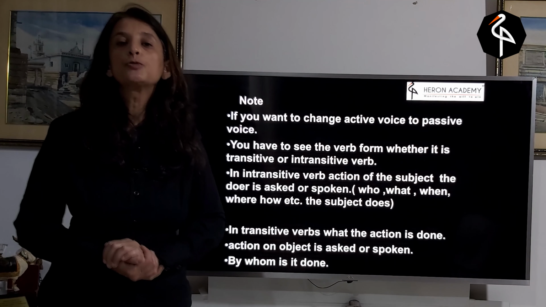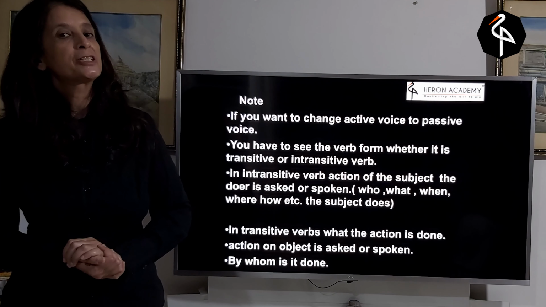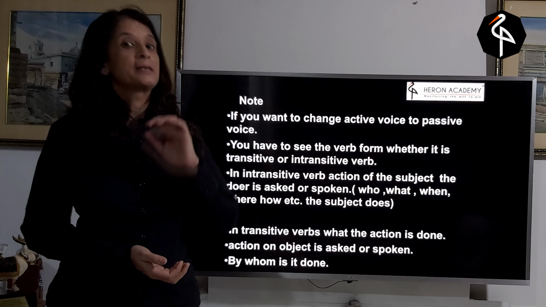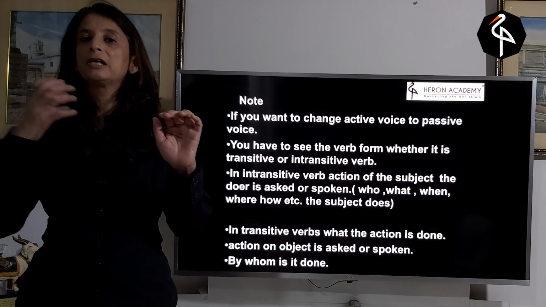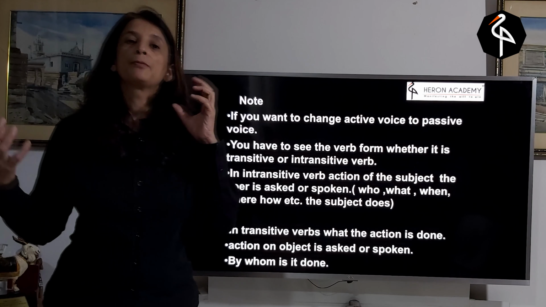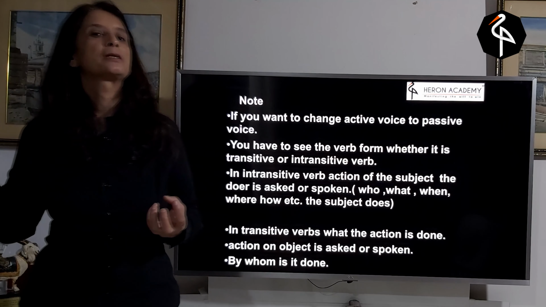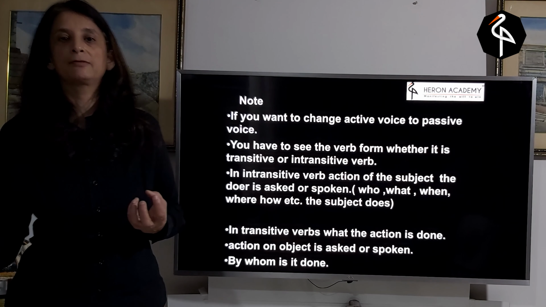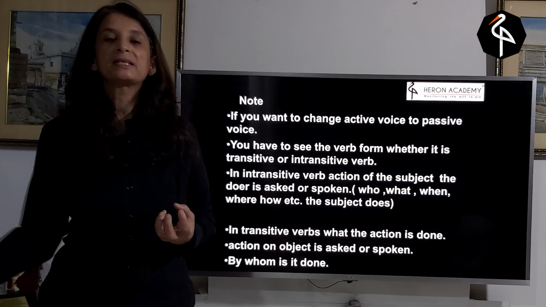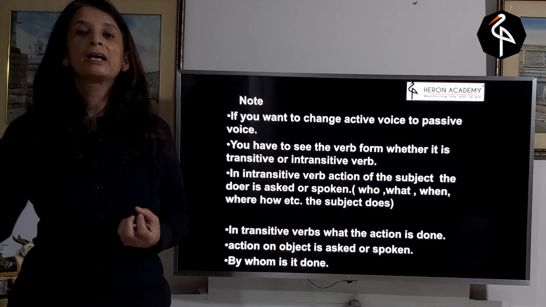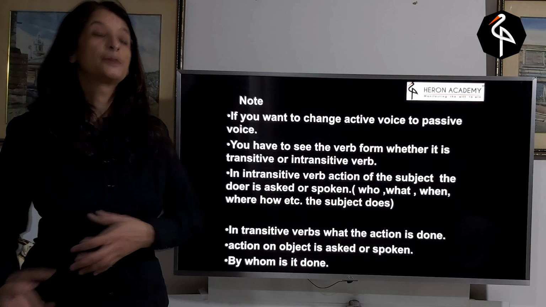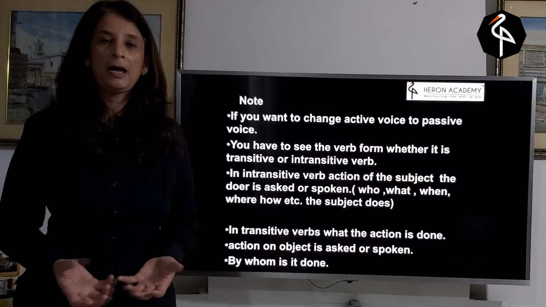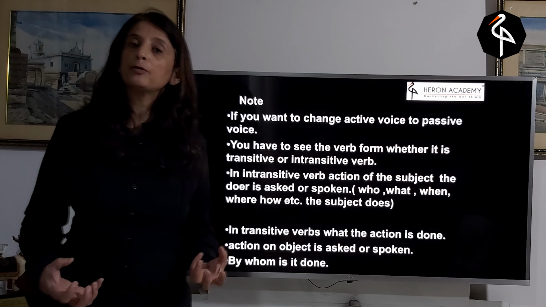So in these two sessions, what you have understood is what active actually is and what passive voice is, what the importance of active voice is and what the importance of passive voice is. Why is passive important? When you are giving information about the action that has been done. And in that, what are you going to identify?